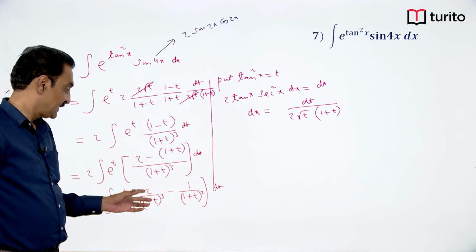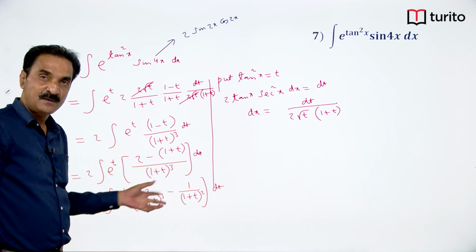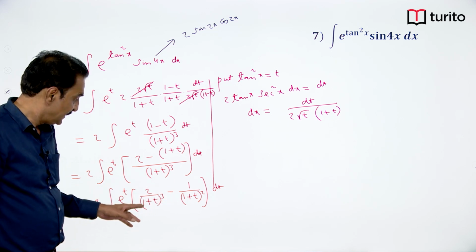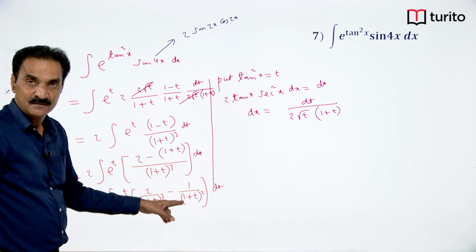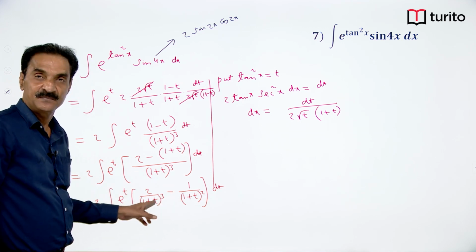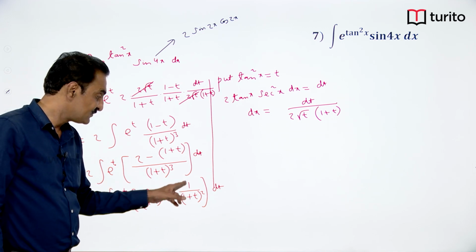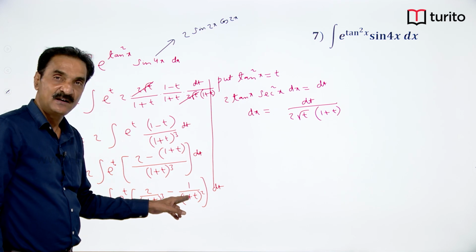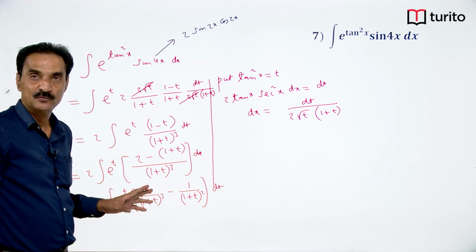Now observe it, derivative of which term is the other term? Derivative of this is not this, but derivative of this is this. Derivative of minus 1 by 1 plus t whole square will be 2 by 1 plus t whole cube.